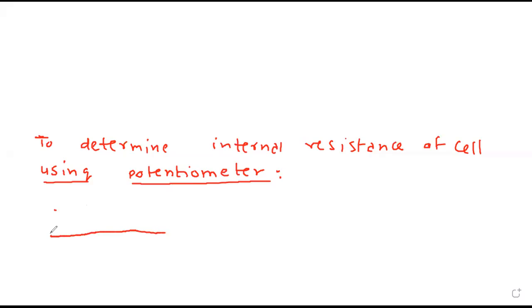Consider potentiometer wire AC having uniform area of cross section A, specific resistance rho, length L, stretched on a wooden board.